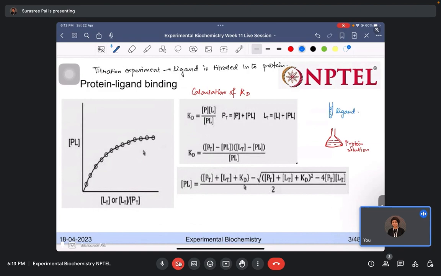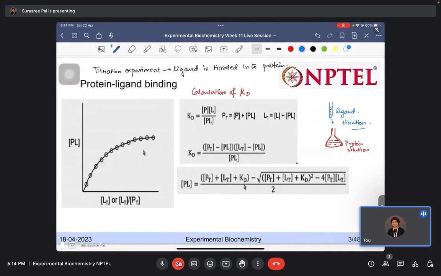Now the ligand is titrated drop by drop into the protein solution, right? So the ligand is titrated into the protein solution.